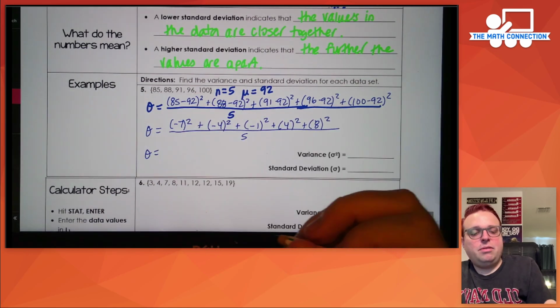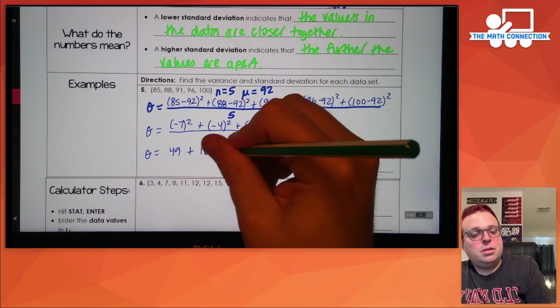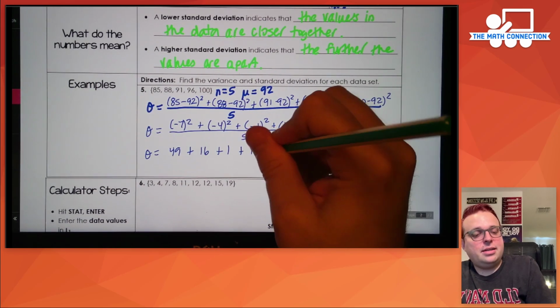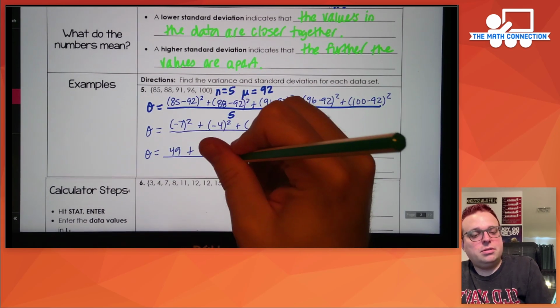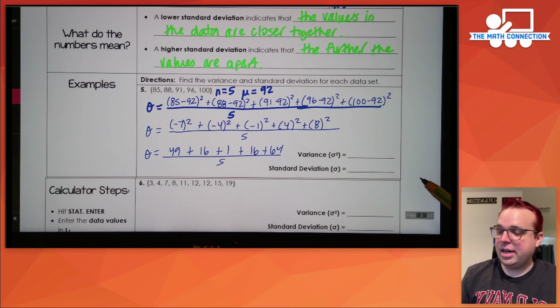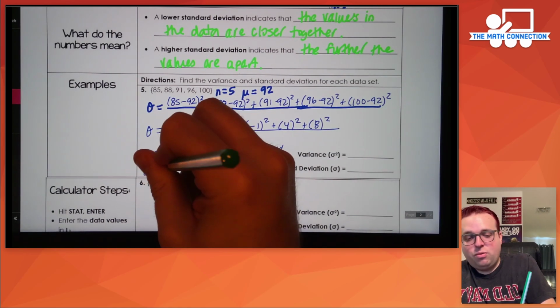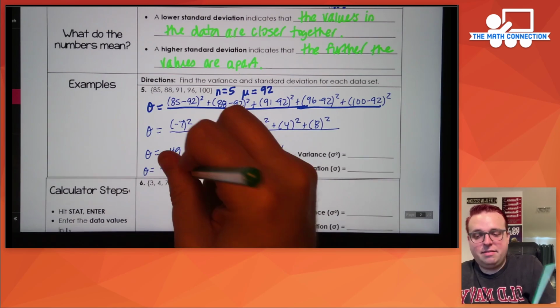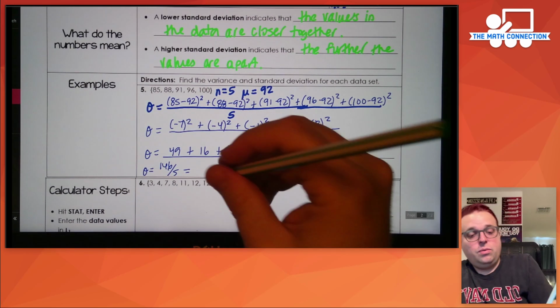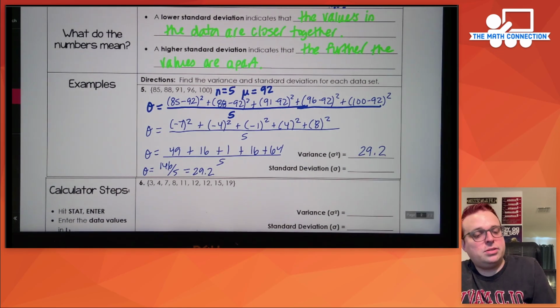One more time, let's simplify this. This is 49 plus 16 plus 1 plus 16 plus 64, all divided by 5. And then if we add that together, it's 146 divided by 5, which is 29.2. So the variance is 29.2.